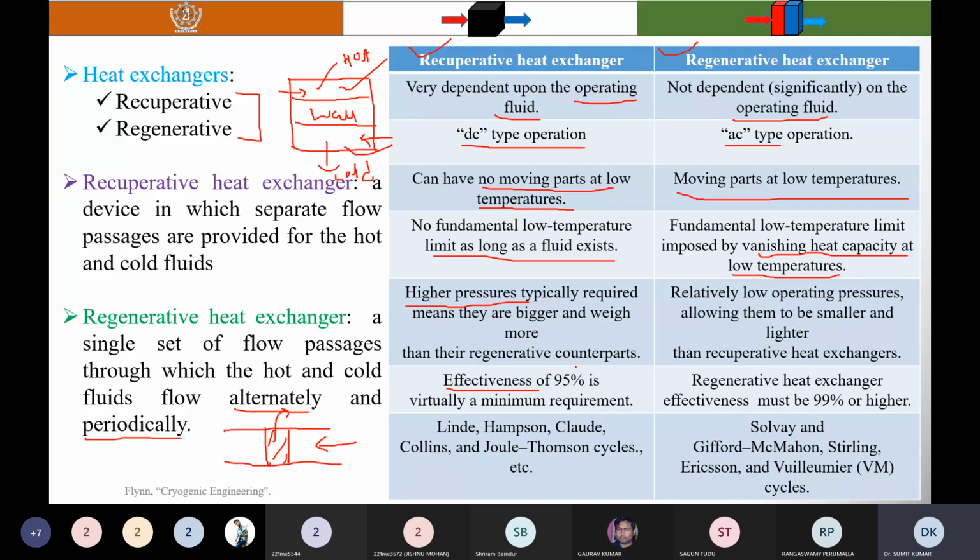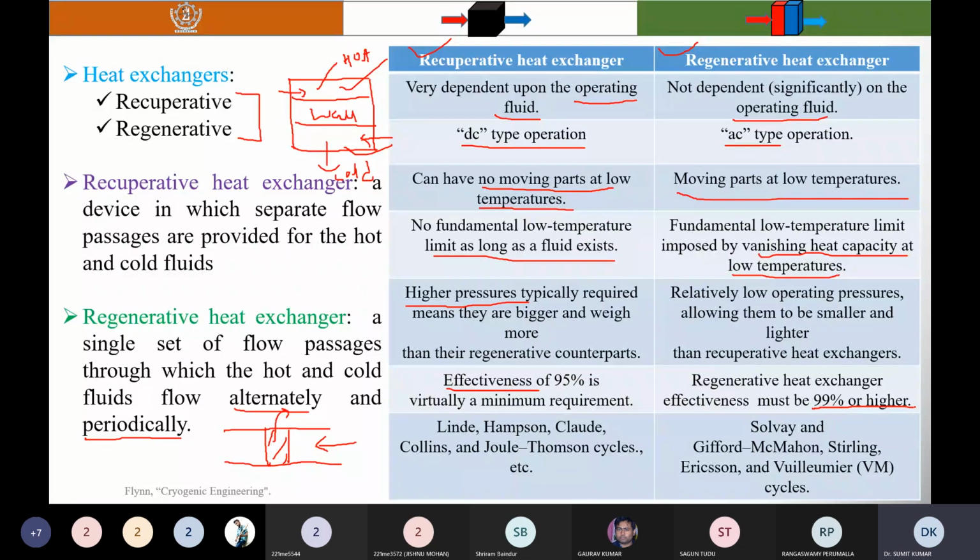You are not getting any liquid yield. So it is very important that the heat exchangers you have designed have high effectiveness. Otherwise, you are not able to get the liquid yield. Okay. In regenerative heat exchangers, the effectiveness must be 99% or higher. Okay.